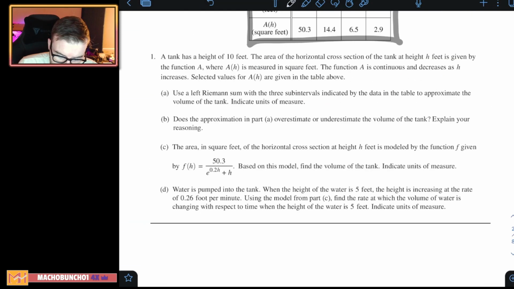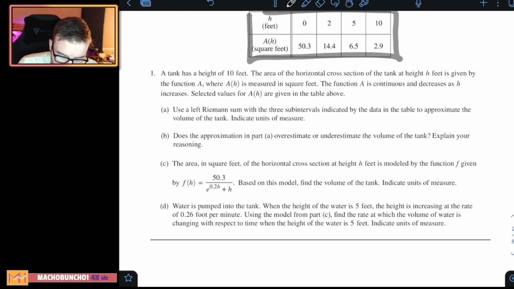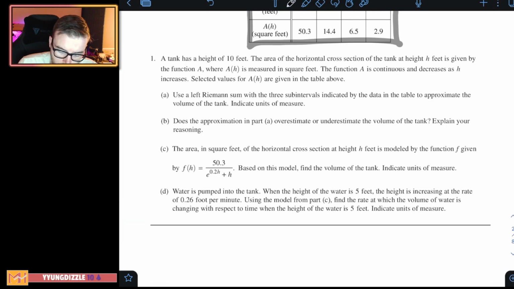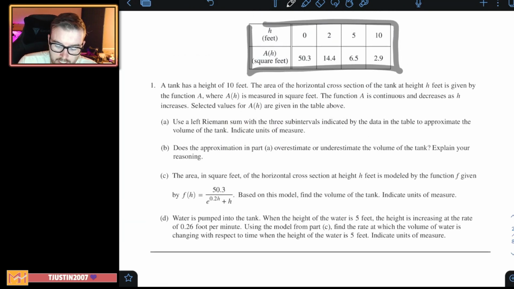Part C says the area in square feet of the horizontal cross sections at height h is modeled by the function f given by blah. Based on this model, find the volume of the tank. So we need to integrate this area. Okay, we need to integrate this area with the correct bounds.